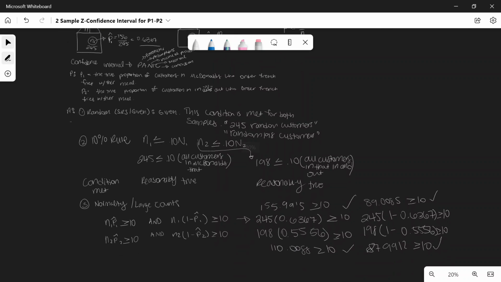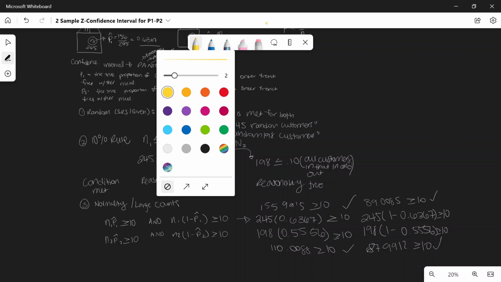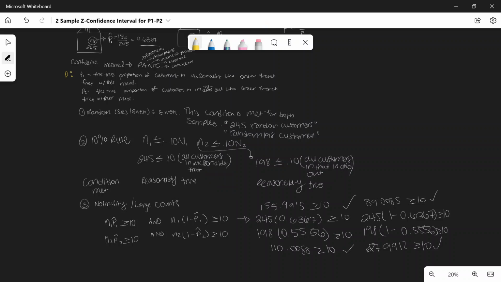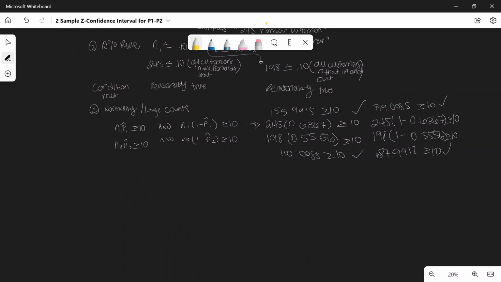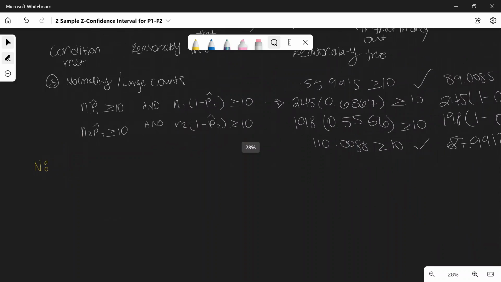we did P, we did A, and now we're going to do N. I'm going to change the colors so we can see them.